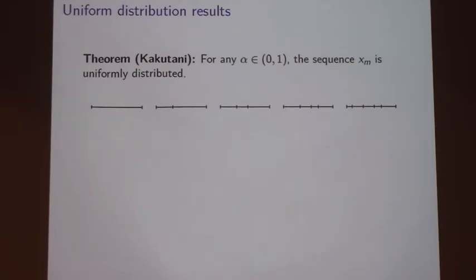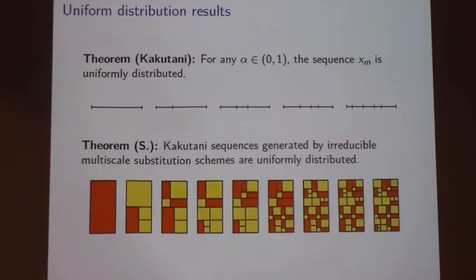And the way that he does this is using ergodic theoretical tools, showing various things about the invariant measures and so on. This is not the way that I look at these kinds of problems. And my generalization of this result, which holds for any dimension and any kind of substitution scheme, is exactly the same. I just have to assume irreducibility.